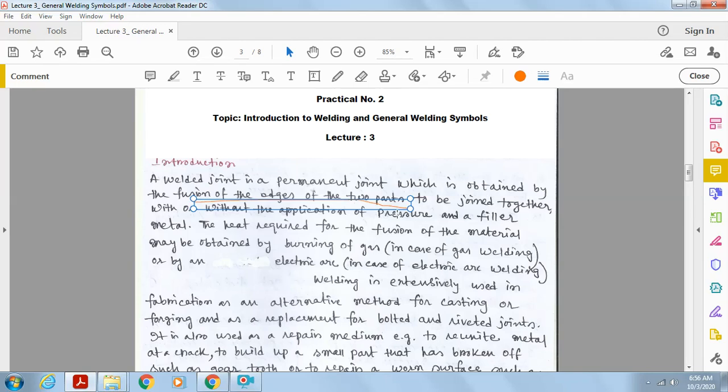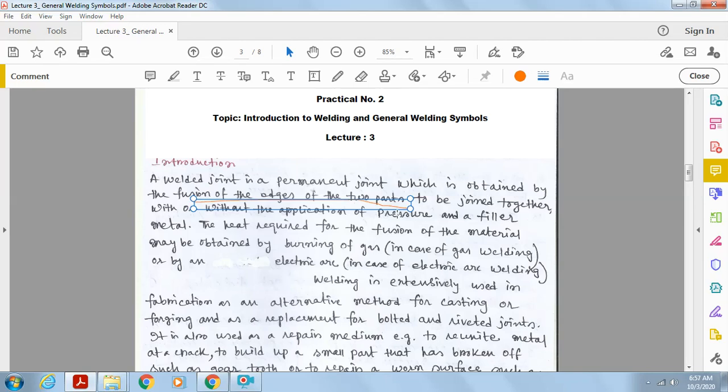When the two metals are at that molten stage, the joining phenomenon happens, but it is not necessary that melting occurs every time. In fusion, a large amount of heat is generated, with or without the application of pressure. Mostly the primary resource for a welding joint is heat. If the amount of heat is very high, we do not need any external pressure, and heat alone can be sufficient.